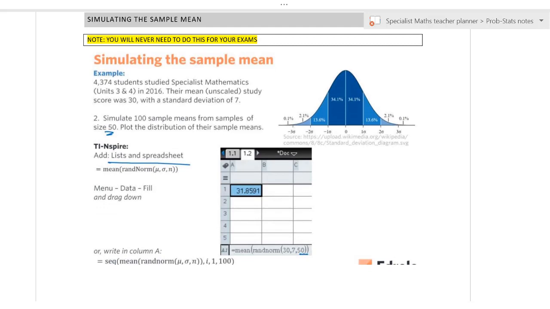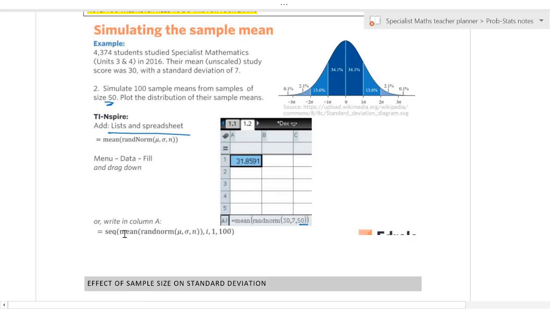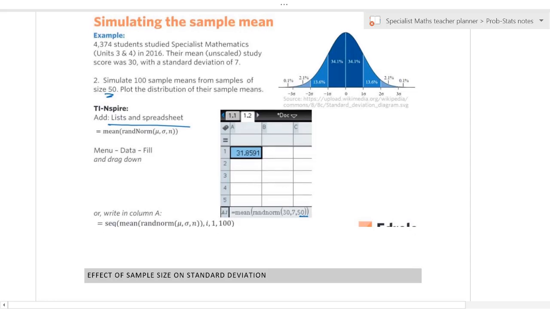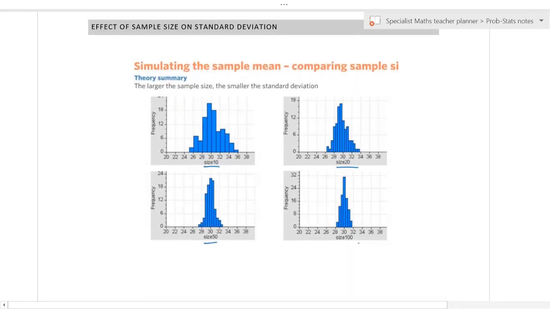So I'd like you to have a go, but as you can see here, if I simply type in my equation, we've got equals sequence, then mean, rand norm, put in our mean, our standard deviation, our sample size, and then 1, and then 100, and you're going to basically get this sort of thing.